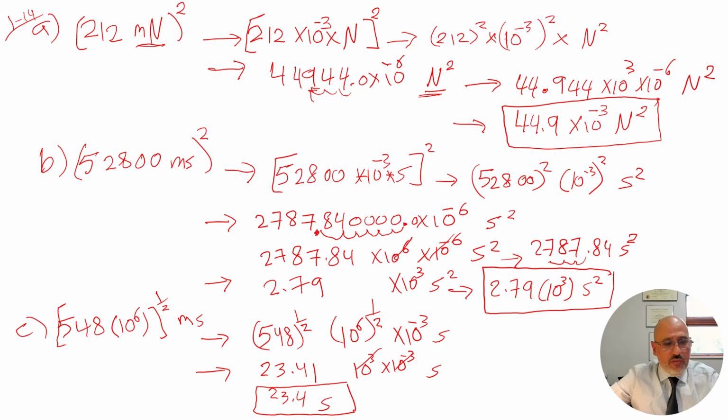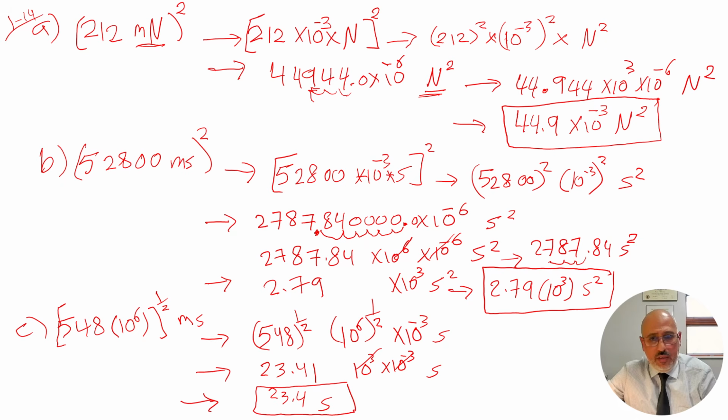So if you have 548 multiplied by 10 to the power 6 to the power of half milliseconds, that's the mathematical or the SI unit or system representation with 3 significant figures of it. I hope that this is helpful because this is important for engineering students to understand and be able to think and do the calculations of these things.